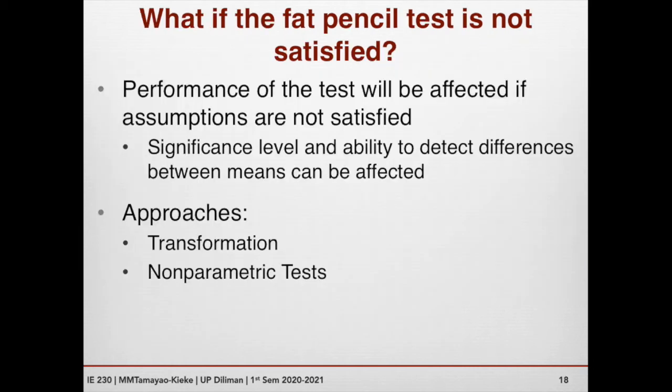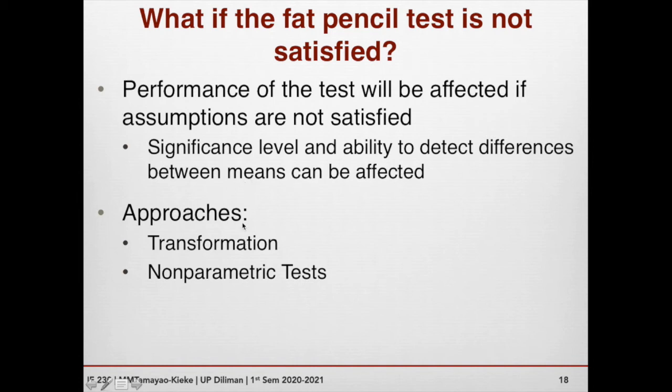Now, what if the fat pencil test is not satisfied? The performance of the statistical tests that you make will be affected if the assumptions are not satisfied. One specific repercussion is that the significance level and ability to detect differences between the means can be affected.